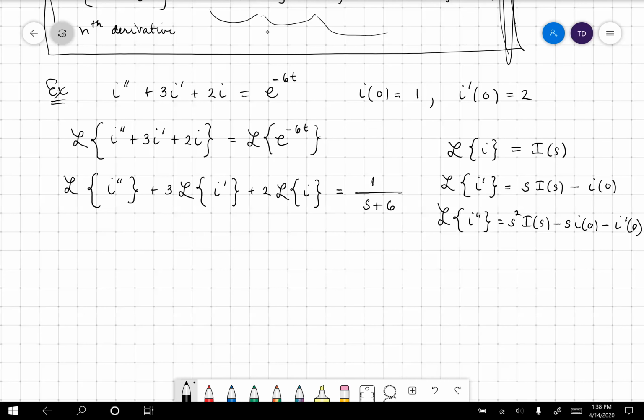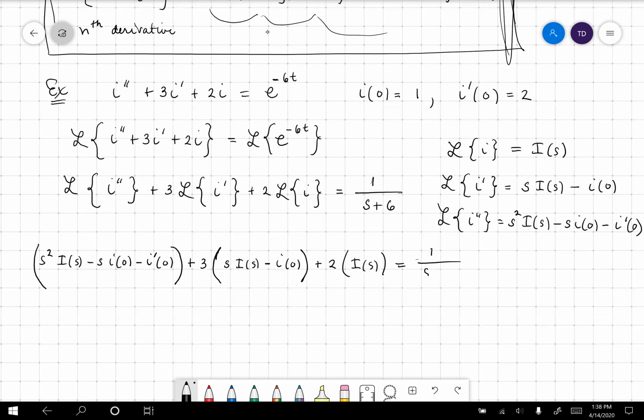Here we go. s squared I of s, minus s i at 0, minus i prime at 0, plus 3 times s I of s, minus i at 0, plus 2 times I of s equals 1 over s plus 6.